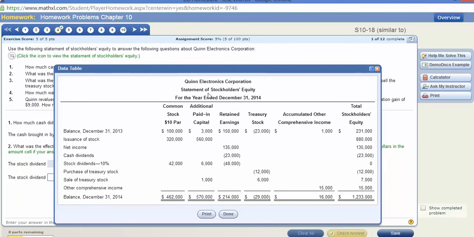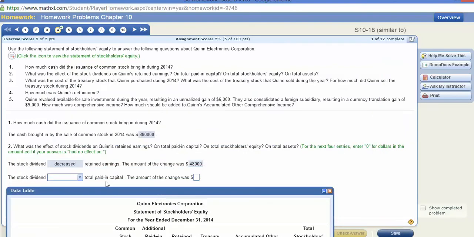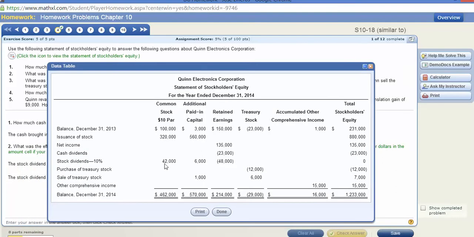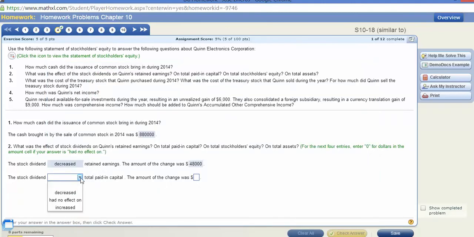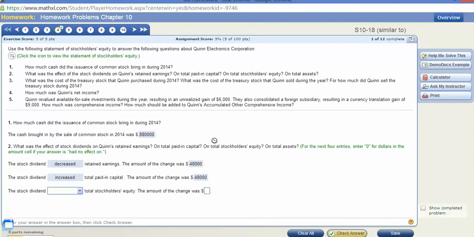So the effect it had on total paid-in capital is the total of these two accounts, 48,000. So come over here. This is one that you miss, like I said, because you don't pay attention to total versus additional paid-in capital.